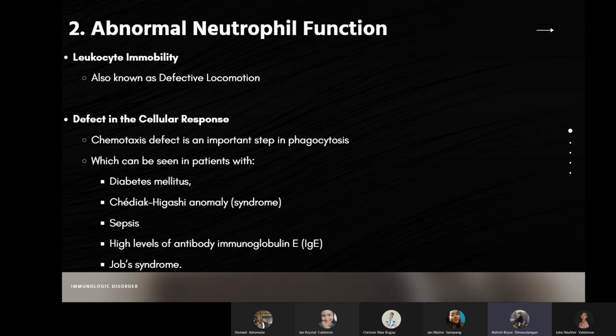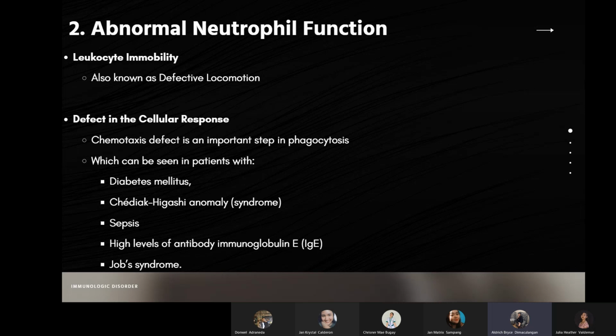Lastly is the defect in cellular response. Chemotaxis defect is an important step in phagocytosis, which I will discuss further po mamaya. Na-mention ko rin naman earlier na ang phagocytosis naman natin, siya yung isa sa problem ng neutrophils kasi yung ating phagocytosis ay siya yung unang nagsisilbing respondent ng neutrophils natin pag kinakailangan ng mga kalabanin ang mga foreign substances at bacteria pag pumasok sa ating katawan.